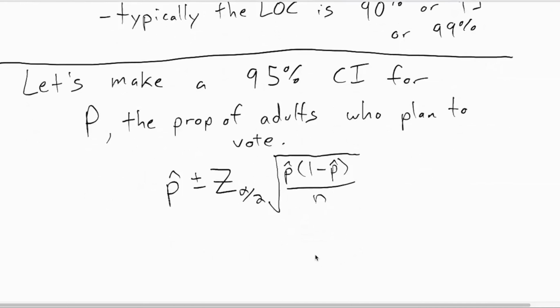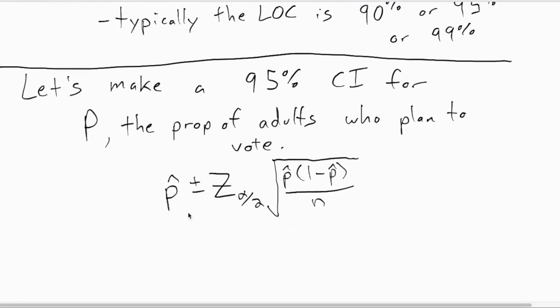And when I'm doing this, I write down all these values off to the side before I start doing this formula. Using our same data from before, we had our sample proportion, which was the 32 people that said they planned to vote out of the 50. That's 0.64. We have our sample size, which is 50.